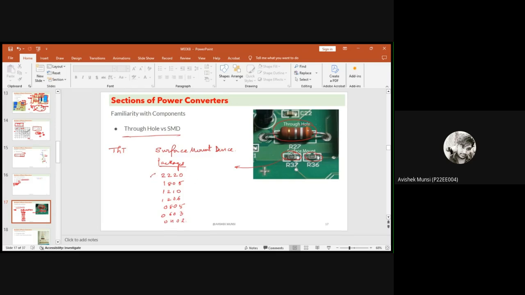So these are the different packages. This is a little bit big, and this is lesser than that. Now I'm coming to this. You can see that this is smaller and smaller. If you use surface mount devices in a converter design, it will take less space.